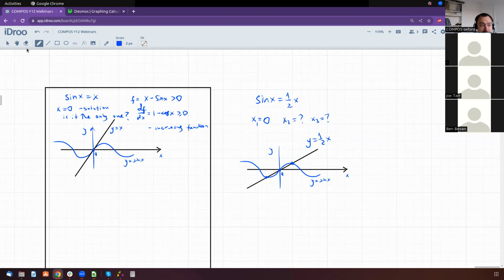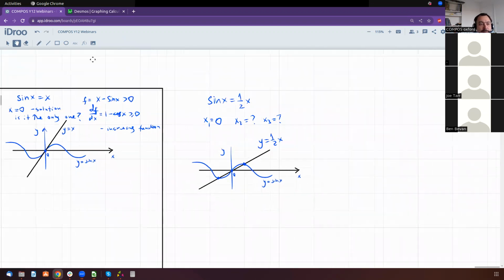algebraic methods of doing it. I don't know if we can solve it. I think we can solve it by using derivatives. So at this point, the distance between them is 0. I'm not sure, but let's try. So let's say f of x is sine x minus 1/2 x.